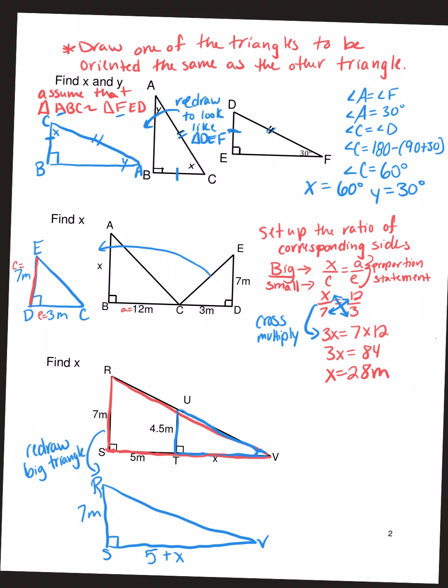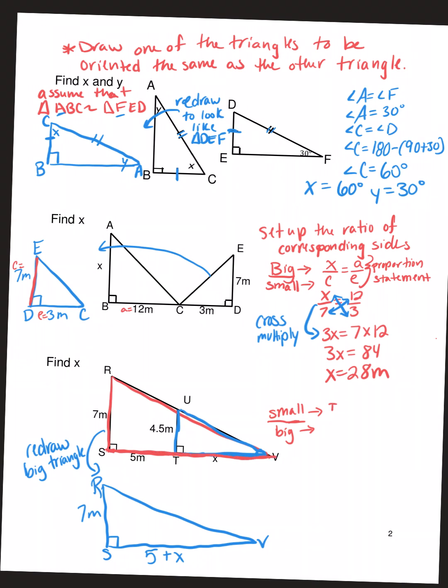So if we're going to set up our proportion statement, or set up the ratio of our corresponding sides, this time I'm going to put the small one on top just so you can see that it'll work both ways. There's a couple unknowns in this one though. So we're going to write the small over the big triangle this time. And I'm going to represent this with vertices this time, just so you can see for both of them. So if I'm saying my small triangle, I have TV, right? So TV, which is this side here, is similar to SV.